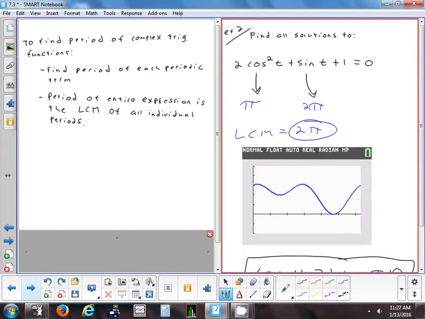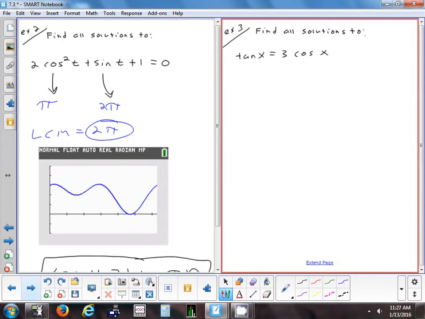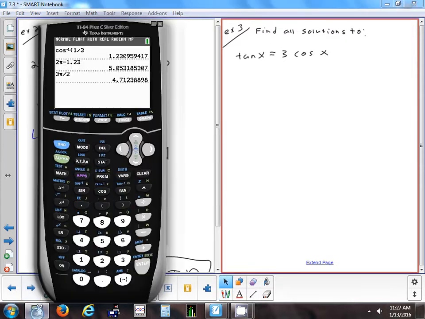All right, let's take a look at this one. Okay, so this one you've got 2 choices how you could solve it. We could do it like the last one. Put everything on one side, get it equal to 0, and calculate our roots. Or we could put something in y1, something in y2, and see where they cross. If you put something in y1 and y2, you're not really seeing a picture of the actual graph.